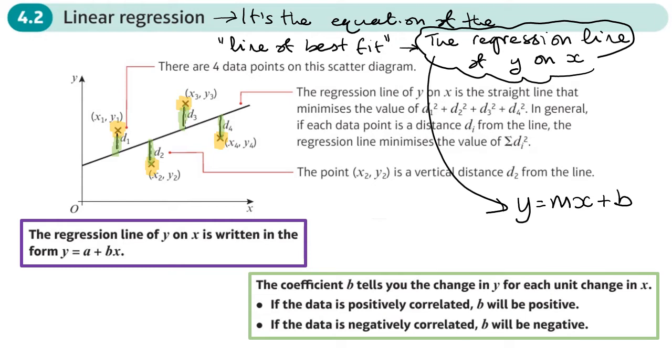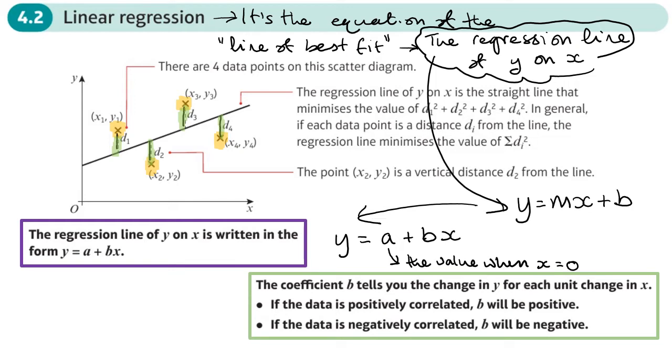The way I suppose that we write it is y equals a plus bx. a tells you the value when x is 0. So interpret this in the context of the question.